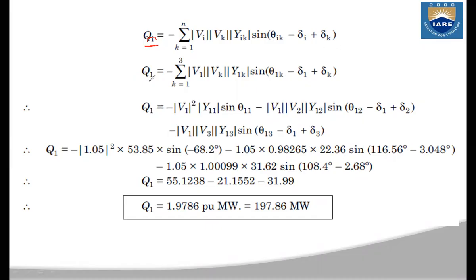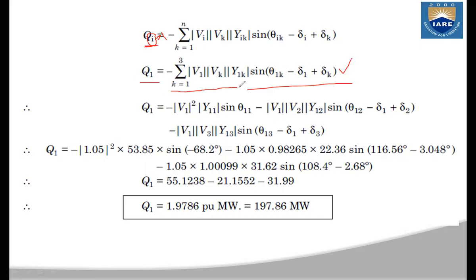Now you have to calculate this reactive power for bus number 1, so you substitute i equal to 1. Then Q1 is equal to minus sigma k equal to 1 to 3, V1 into Vk into Y1k into sin of theta 1k minus delta 1 plus delta k. In place of i, if you substitute 1, you get this equation.